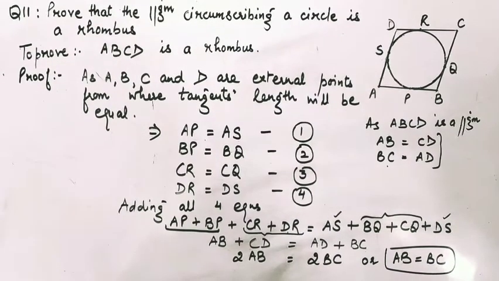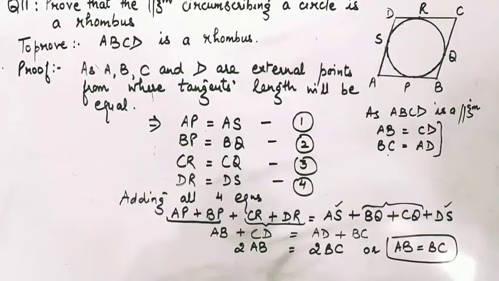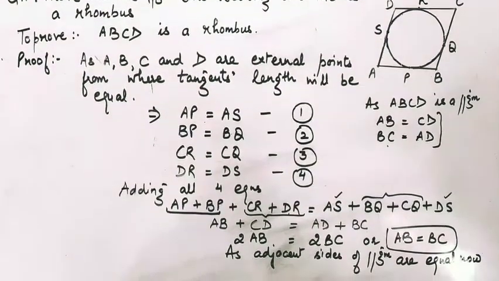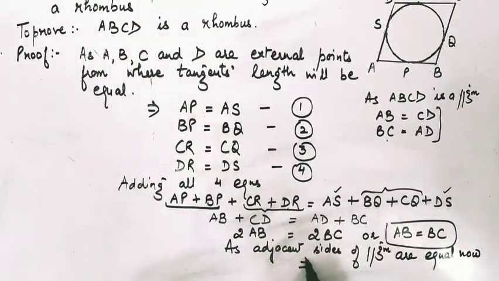As adjacent sides of the parallelogram are equal now, that implies ABCD is a rhombus.